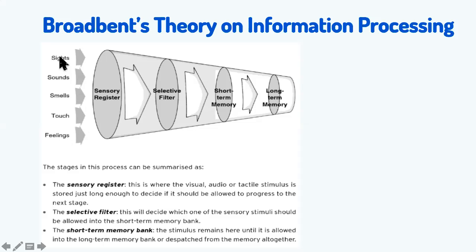Usually we have these five senses: sight, sound, smell, touch, and also feelings. So it will be presented to our sensory registers. This is where the visual, the audio, the tactile stimulus is stored just long enough to decide if it should be allowed to process to the next stage of the memory system.